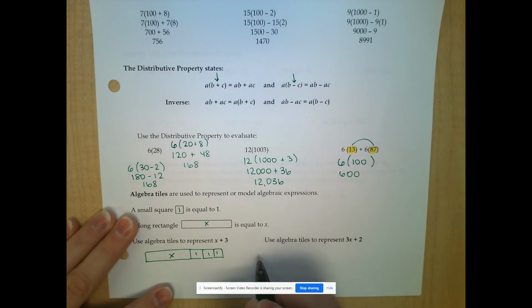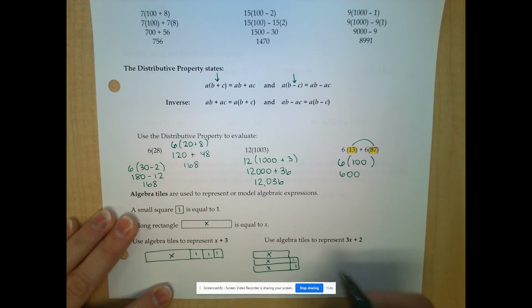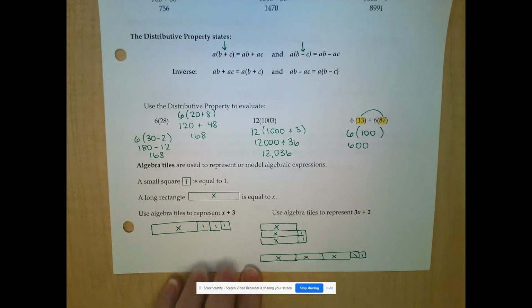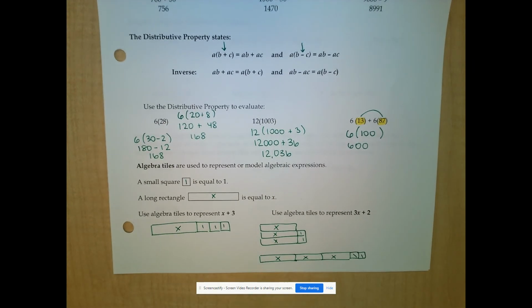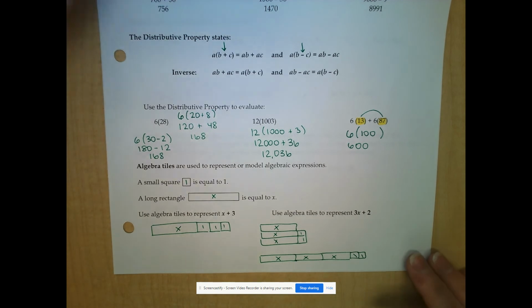So for this, we could do 1, 2, 3x plus 2. There's lots of different ways that you could assign it. But that is what we're looking for. How do we represent unit tiles and x tiles to stand for variables and numbers?